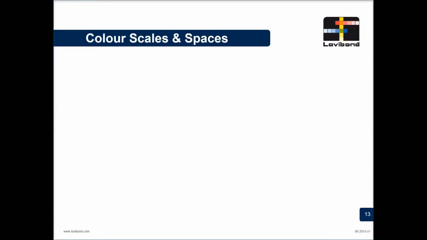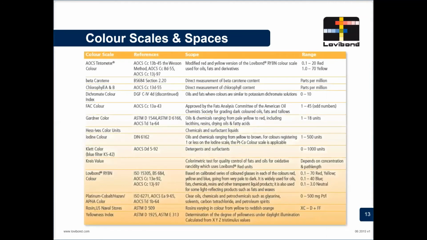So what kind of scales can we make a measurement on? Well, electronic instruments from Lovibond can do a variety of different color scales. We can do all the edible oil scales, AOCS Tintometer, Lovibond, beta carotene, chlorophyll.